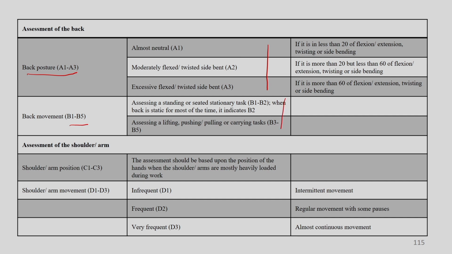Back posture is denoted by A, back movement by B. Shoulder and arm position is C1 to C3, and shoulder and arm movement is D1, D2, D3. Everywhere you have the description in this chart, so you can read it out and take the decision. There is differentiation and description.